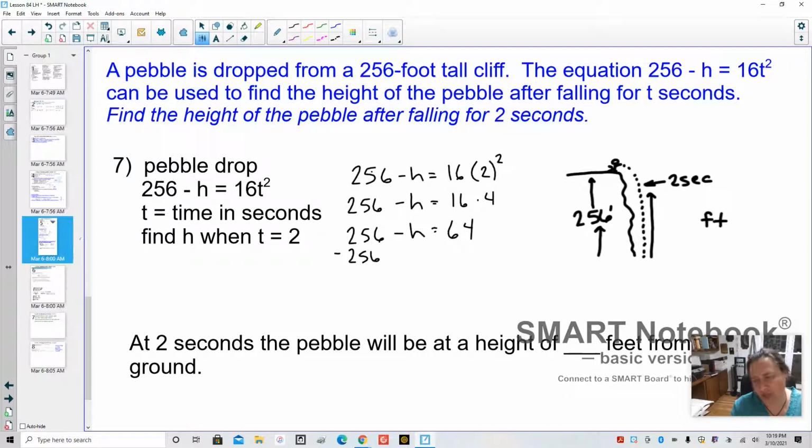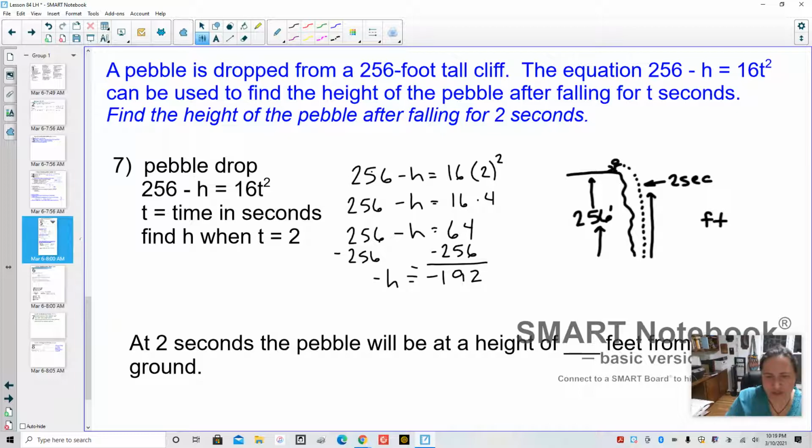Now I had to decide, I could have subtracted the h and done it the other way, but I'm going to go ahead and do it this way, 256. And then 64 minus 256, so negative 192. Make sure that makes sense. 192 and 64 would be 256. So that re-adds, and that's going to equal my negative h.